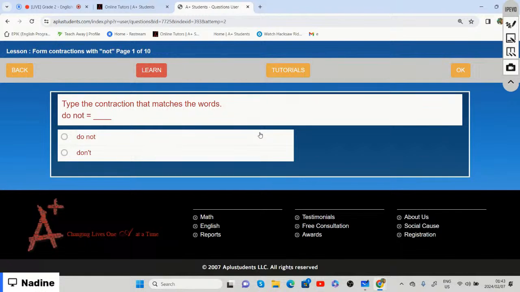For example, do not. Remember, the verb do stays the same and not changes by us dropping the O and then putting the N apostrophe and T together.